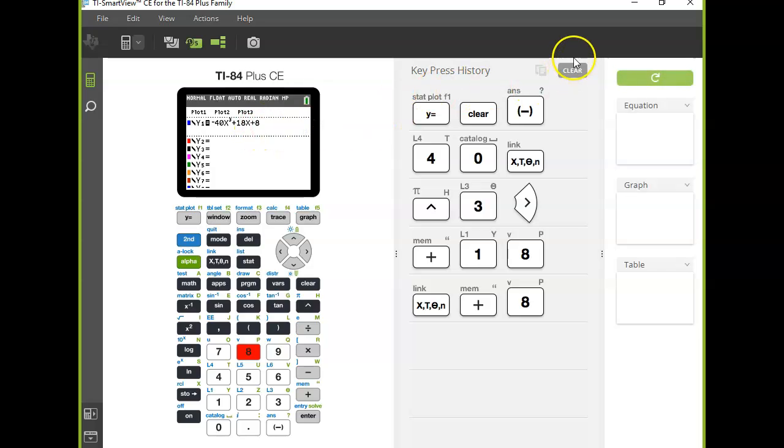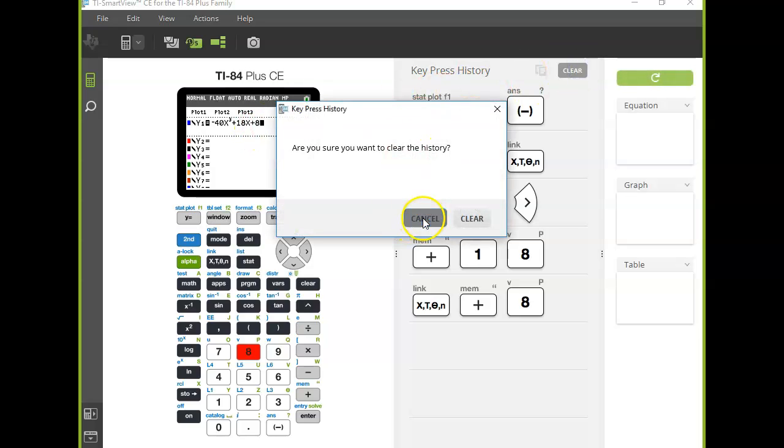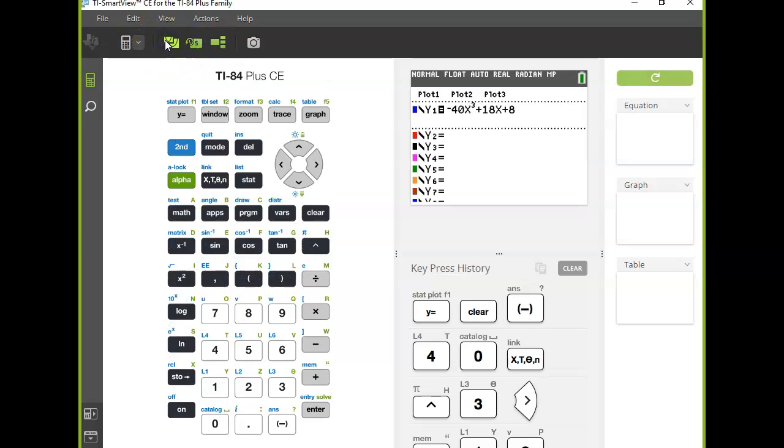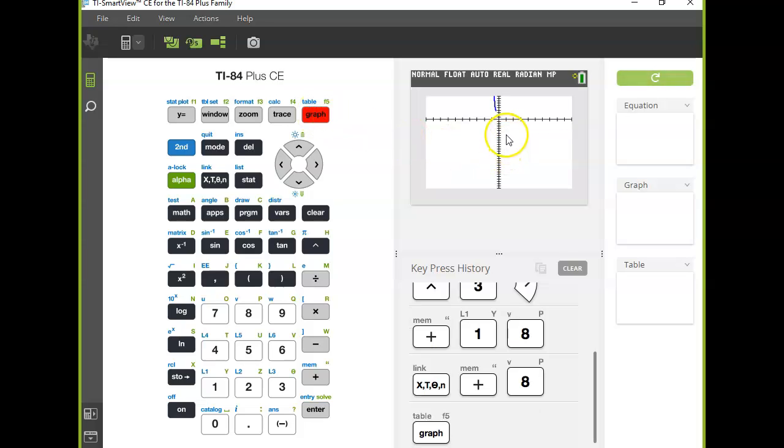I wish I could make this bigger. I don't know how. Oh, that's a little better. So then hit graph. Now, I don't know where my window's at here at all, but I don't really care because all I need to do is find this one spot where it crosses the 0. So hopefully we remember how to do that.